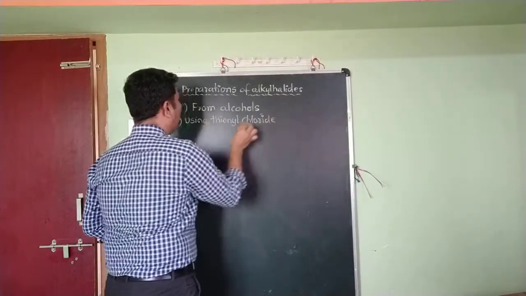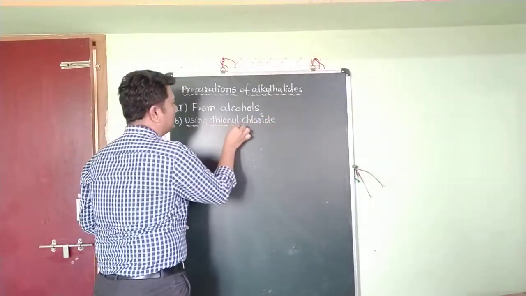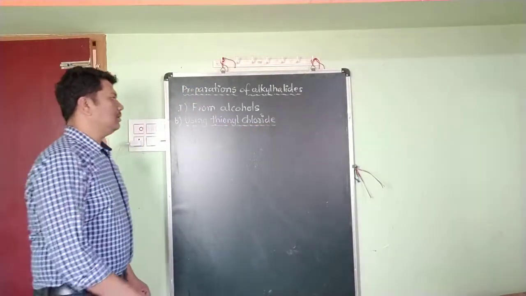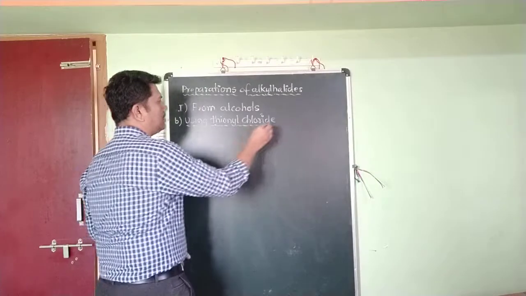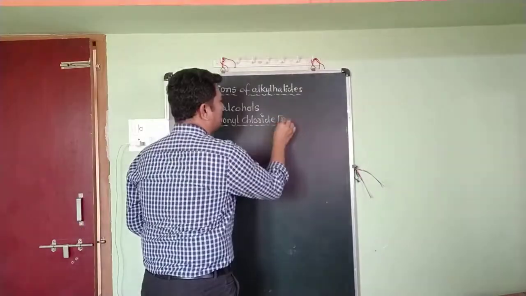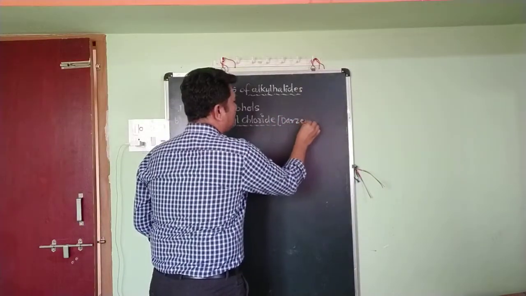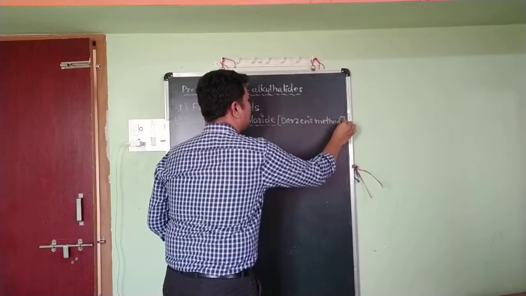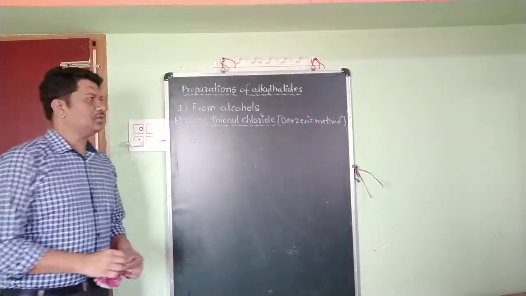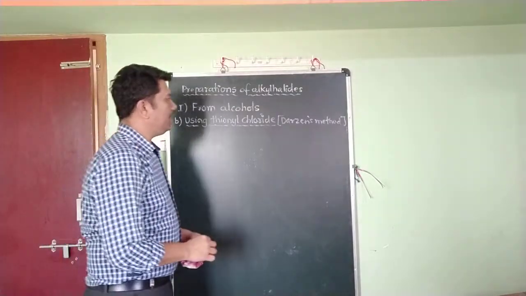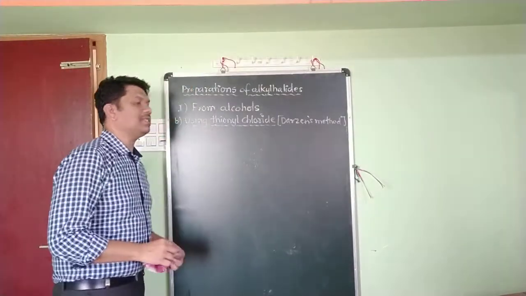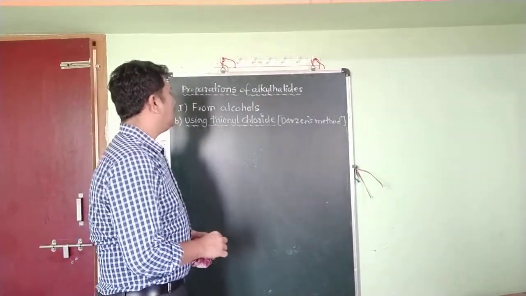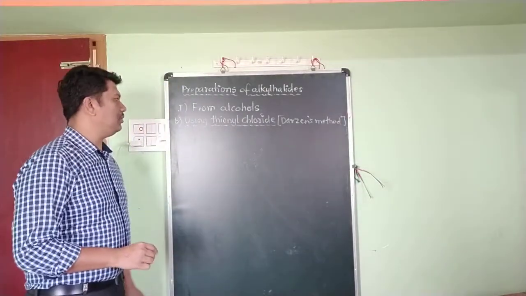Using thionyl chloride also we can prepare alkyl halides, and this reaction is called Darzens method. This is also a named reaction, so it is very important both for the theory paper as well as from the CET point of view. We'll see now how alkyl halides are prepared by using thionyl chloride.